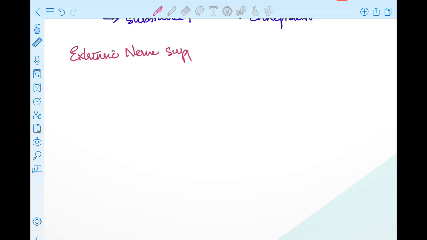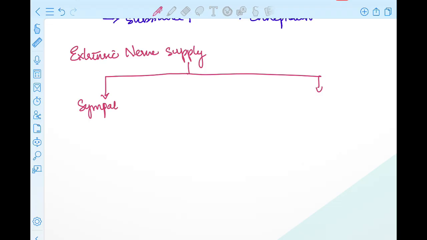So the extrinsic nerve supply can be either through the sympathetic fibers and the parasympathetic fibers.